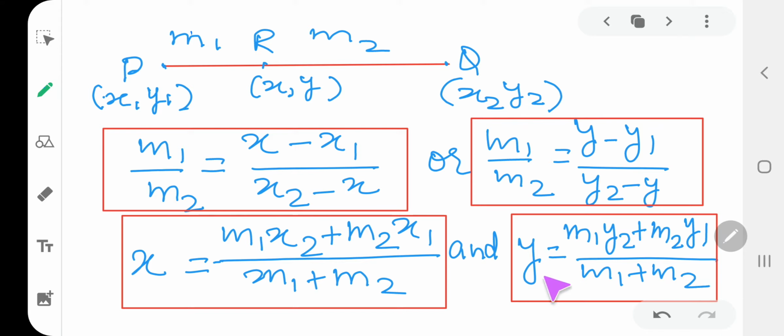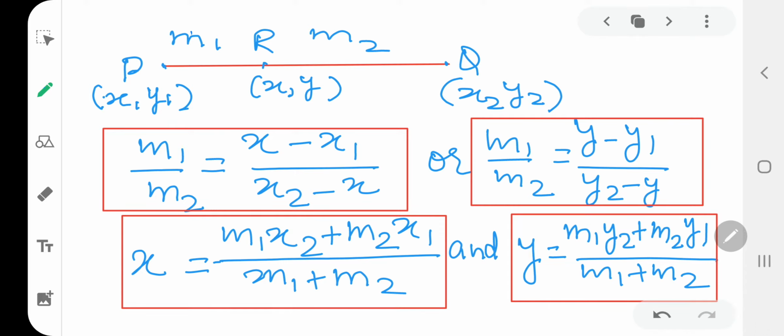You are calculating the value of y, the value of coordinate. Therefore, children, in between you will put positive sign only. रेशो के केस में माइनस साइन, लेकिन कोऑर्डिनेट के केस में प्लस का साइन आएगा. So this way you will remember it.